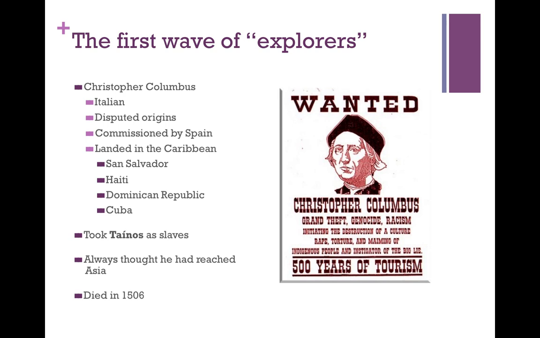And like I said, he took the Taínos as slaves. He describes the Taínos in his letter as very submissive. He portrays them as people that are very noble, nice, but no harm whatsoever, somewhat as savages even.